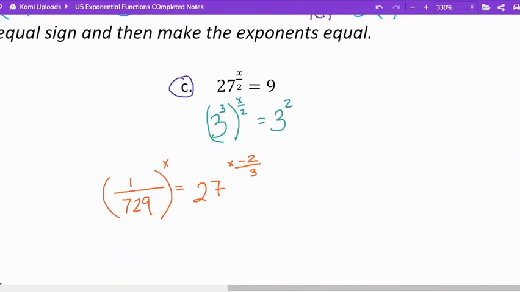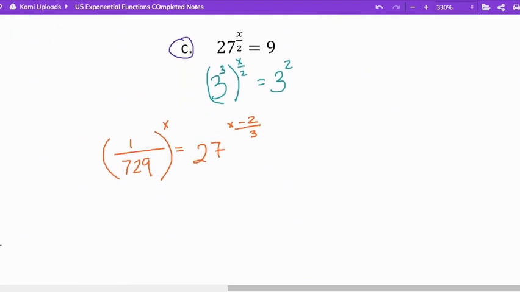It doesn't end in 5 or 0, right? 6 would be an even number. So it could be 7, but I know 27 can be a base of 3. So let's do the right side first. I know that I can write 27 as 3 to the power of 3.